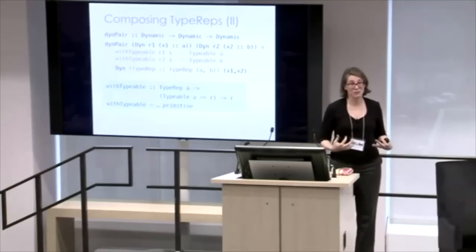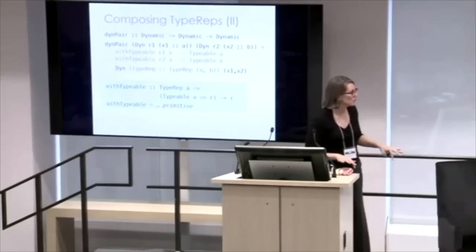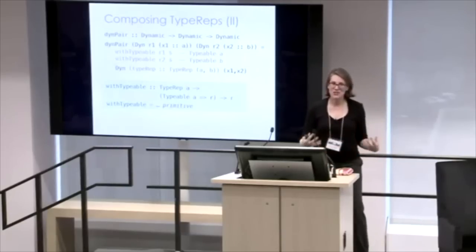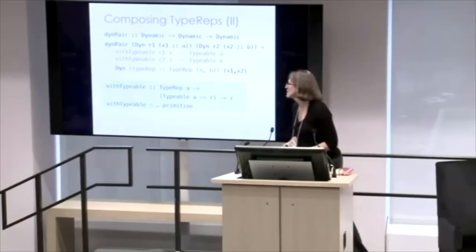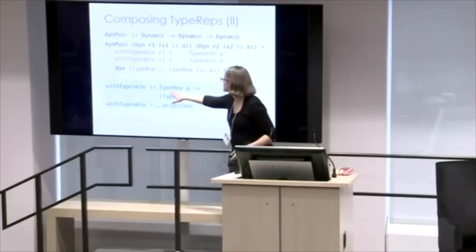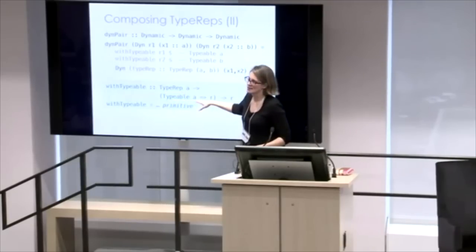You're not allowed to even write them yourself. If you could write them yourself, you could do all sorts of damage. But since we know that all the instances are generated, we can expose a function that allows you to promote this type representation into a constraint.